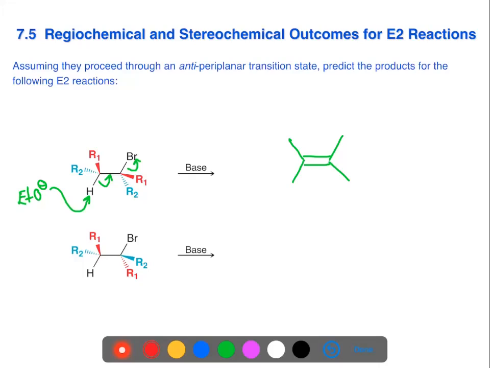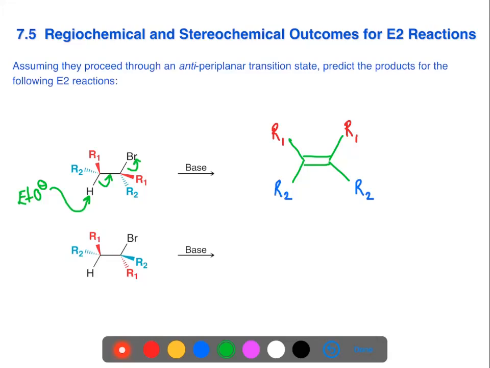And I can keep the colors the same for clarity. Those two groups will be cis to each other. And the R2 substituents, just other alkyl groups, will also be cis to one another. Now in the example below, a slightly different scenario, we see that the placement of R1 and R1 on different carbons, the alpha and beta carbons, are on different sides of the plane.